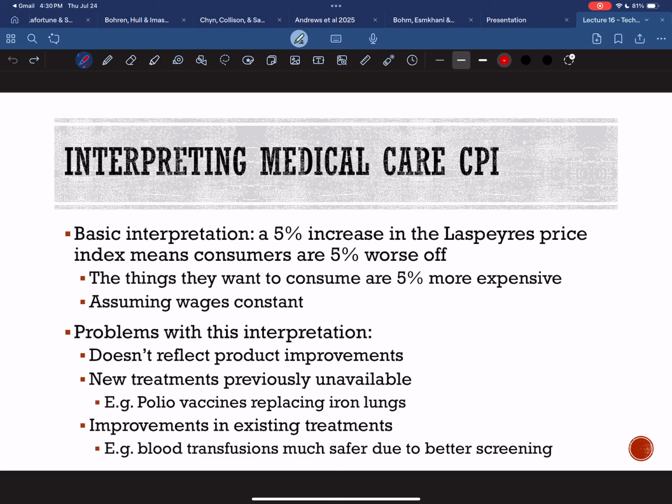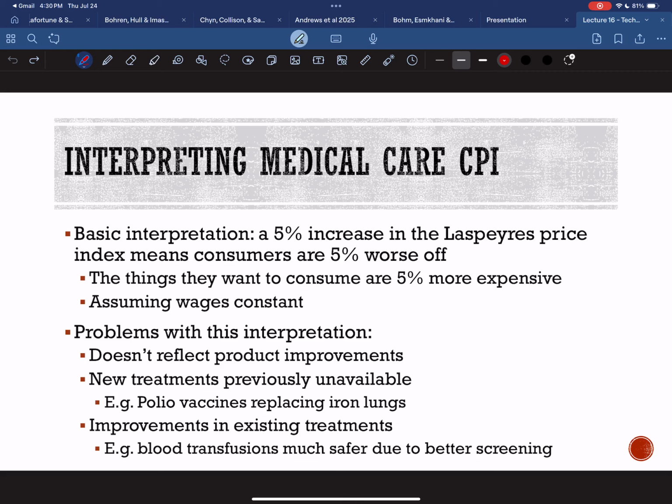But the medical care price index is only the price of medical things. So maybe doctors' wages might be included in this, but the wages of the people we should really care about, which as far as I'm concerned are economics PhD students, their wages are not included in this.